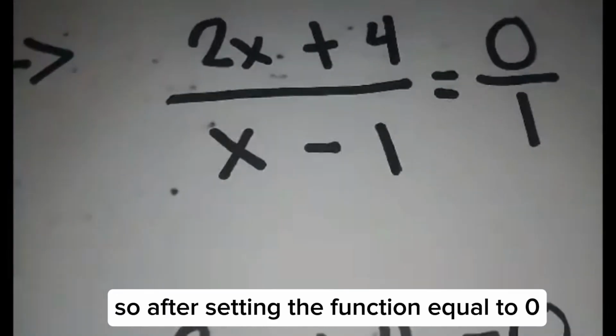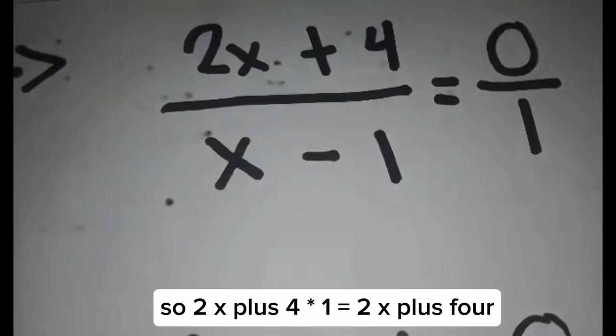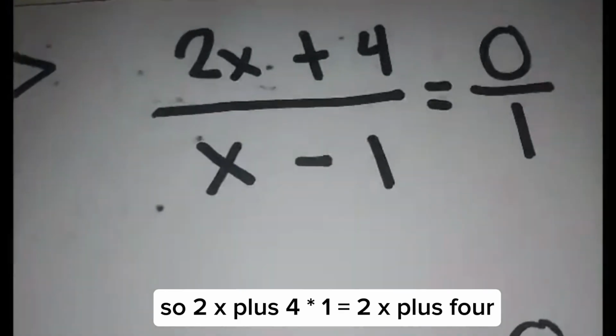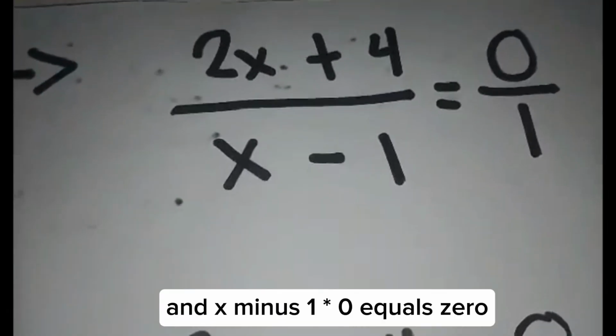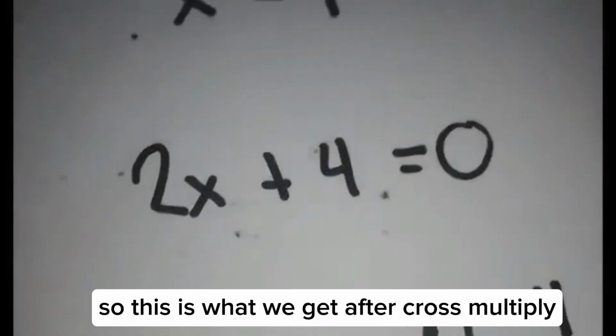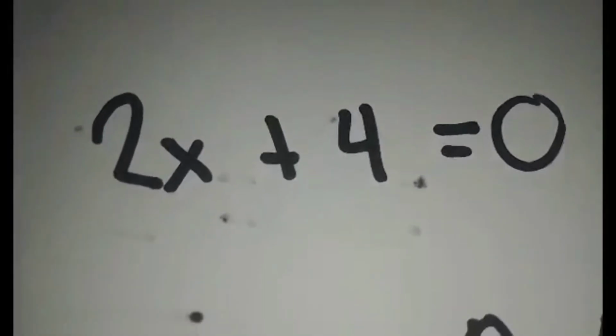After setting the function equal to 0, we will cross multiply. So 2x plus 4 times 1 equals 2x plus 4, and x minus 1 times 0 equals 0. This is what we get after cross multiplying.